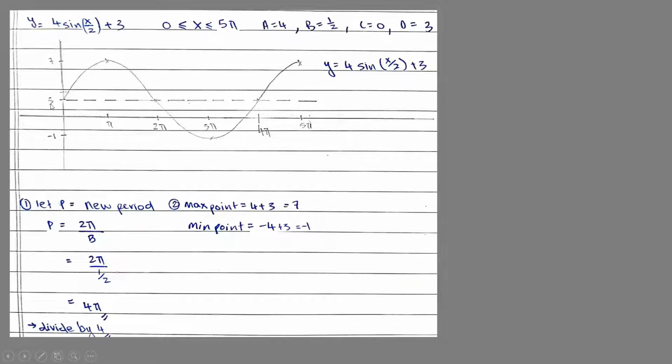So your graph, if you can follow my cursor, will go down, intersect at pi-1, come back up to 2 pi 3, go up to 3 pi 7, come down to 4 pi 3, and then go back down to 5 pi -1 if it was reflected across the x-axis, or in this case, y equals 3 axis.